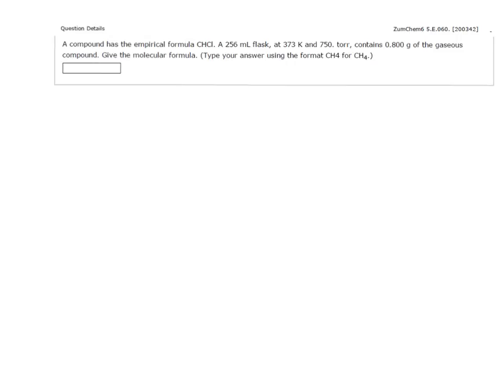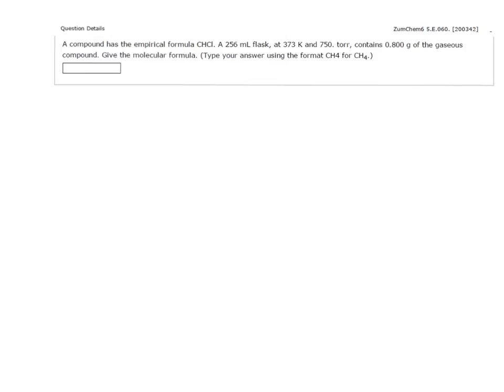Students, this is a fantastic problem that asks us to tie together our knowledge of gases with our knowledge of empirical and molecular formulas. They give us a little bit of information about a gas that's held in a flask. They give us a volume, a temperature, and a pressure, and they give us its mass.